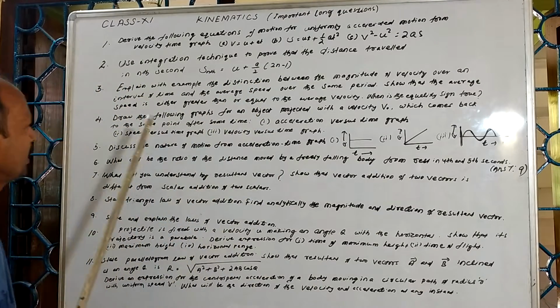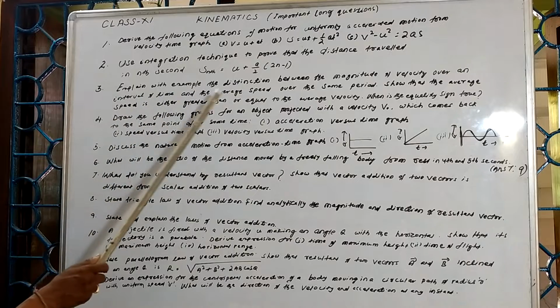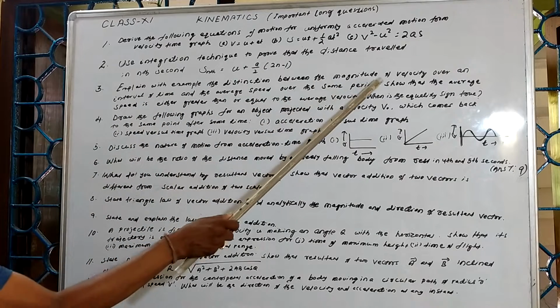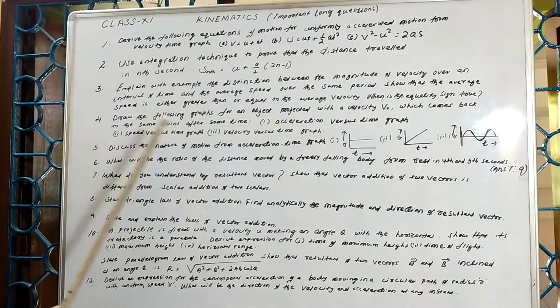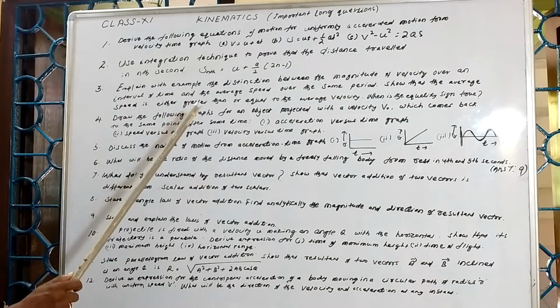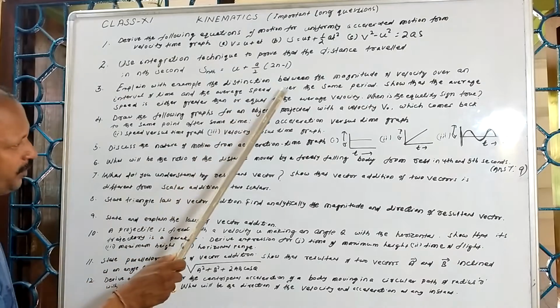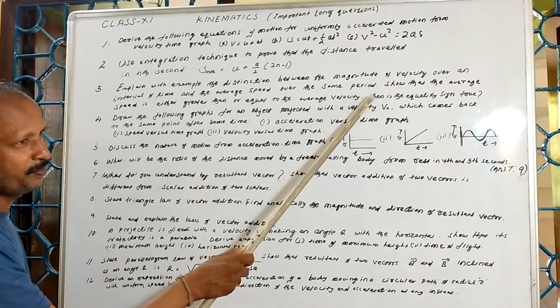Third question. Explain with example the magnitude of a velocity over an interval of time and average speed over the same period.